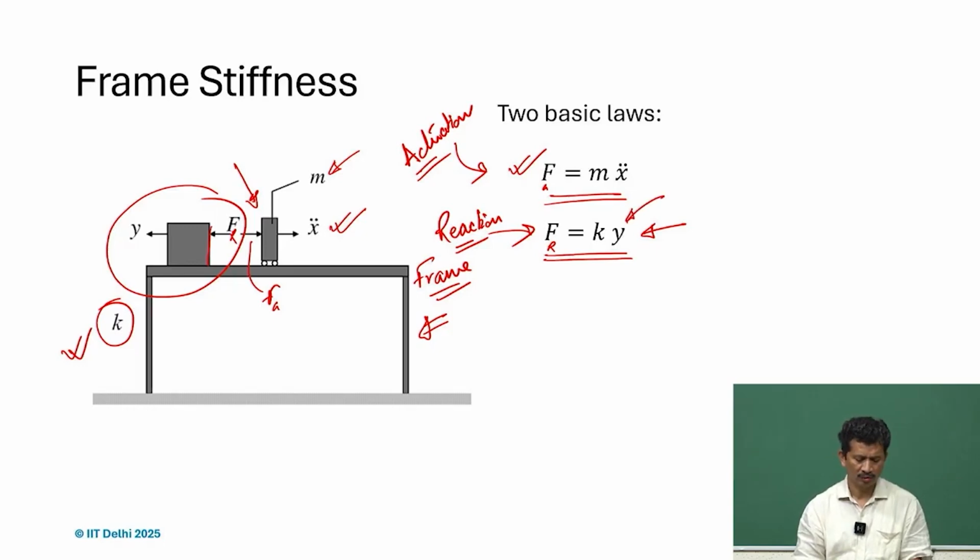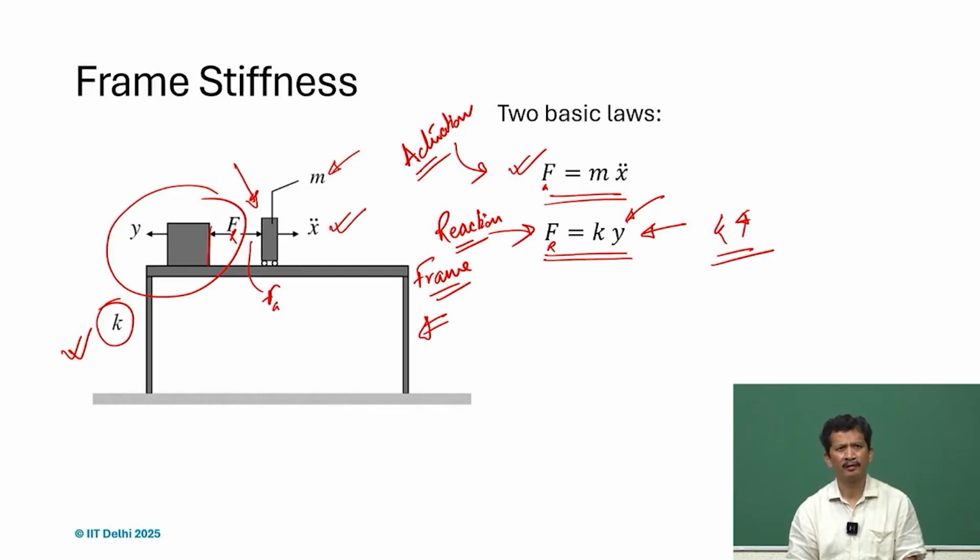For any machine or machine structure, we do not want a lot of displacement, and this K requirement is there, and it has to be high, because it has to support any moving structure, any moving body. Therefore, the stiffness of the frame should be very high.